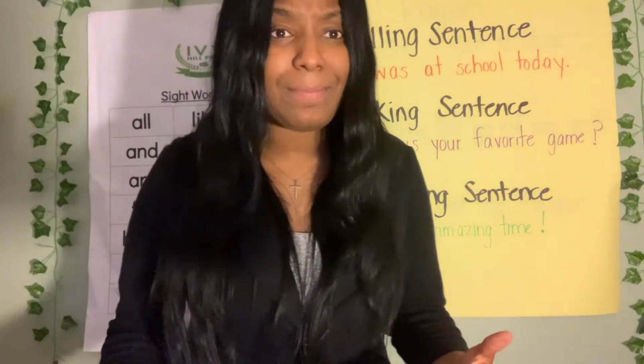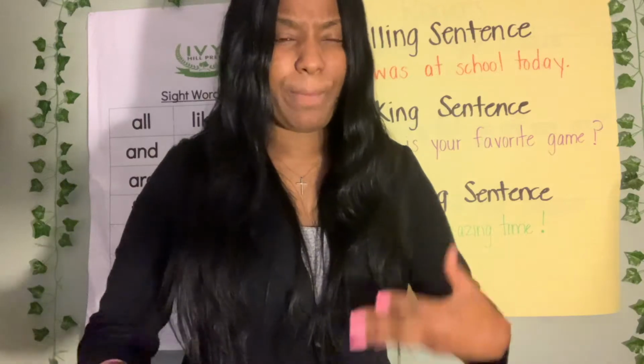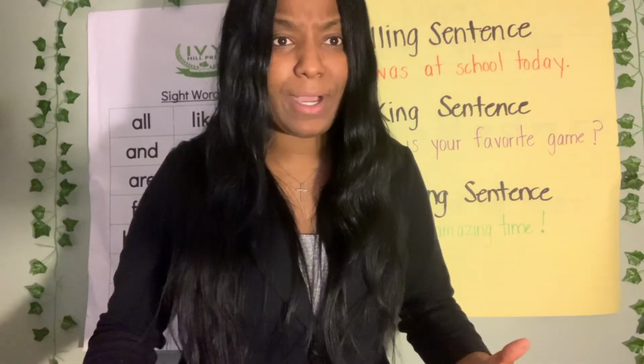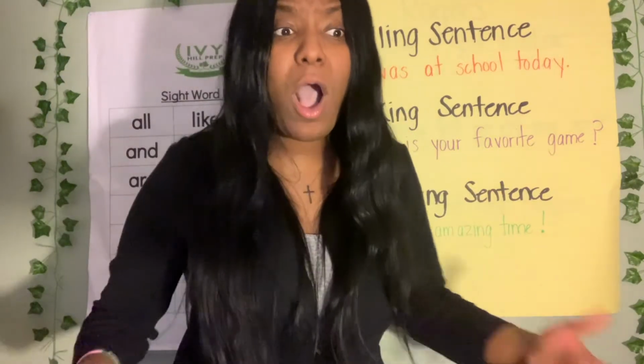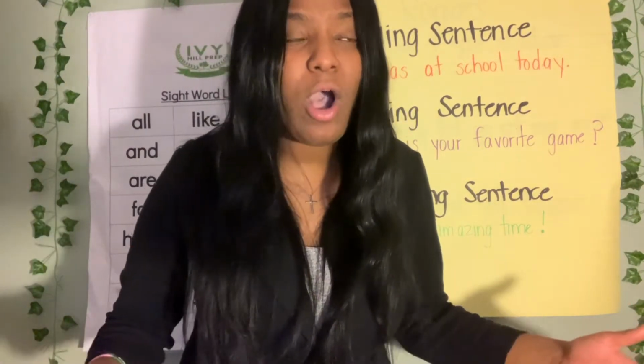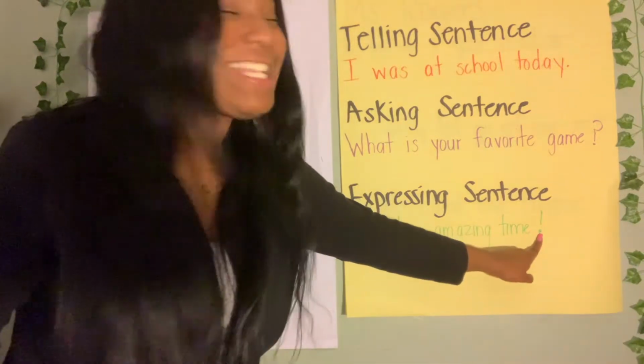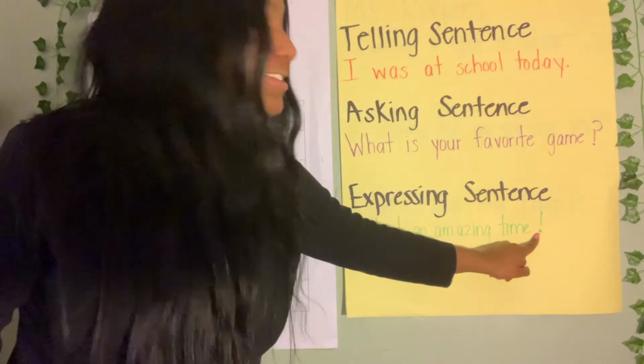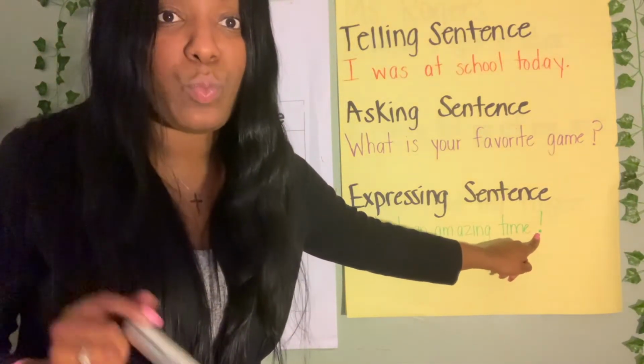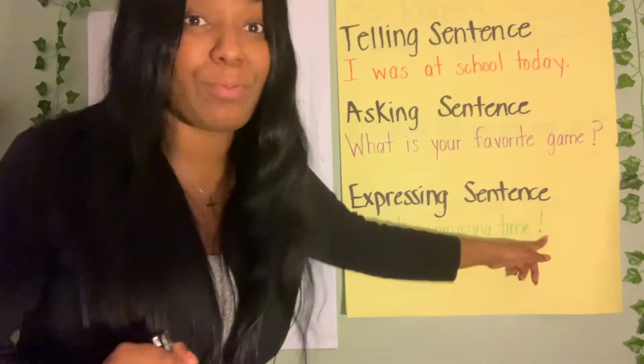Scholars, expressing means something that we're passionate about, something that we're happy about, something that we're surprised about, right? Here's an example. Whoa, I just bought a new toy! We have to put an exclamation point at the end of that sentence, scholars, because we know that this is an expressing sentence.